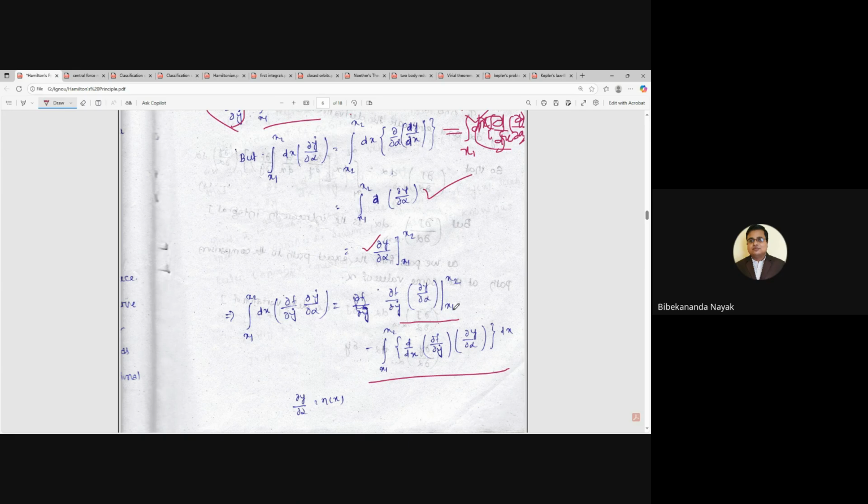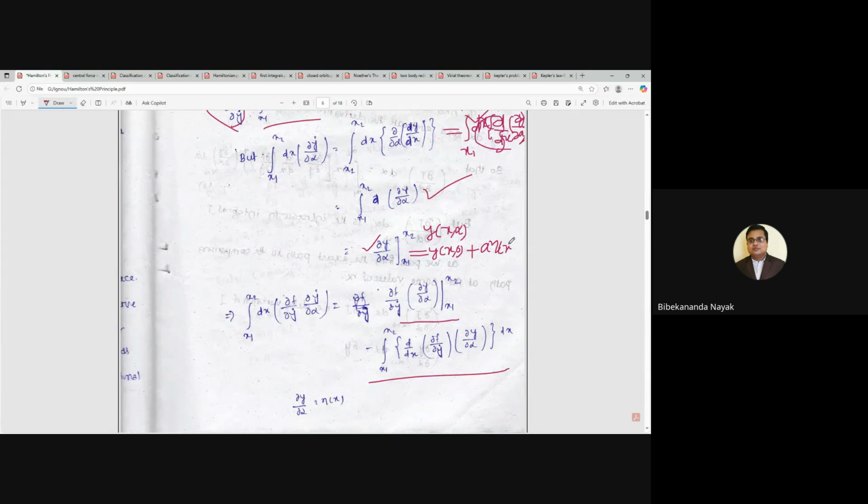But at the endpoints, you know all paths pass through the same x1 and x2, and eta x is equal to 0. Because y(x, alpha) is equal to y(x, 0) plus alpha eta x.